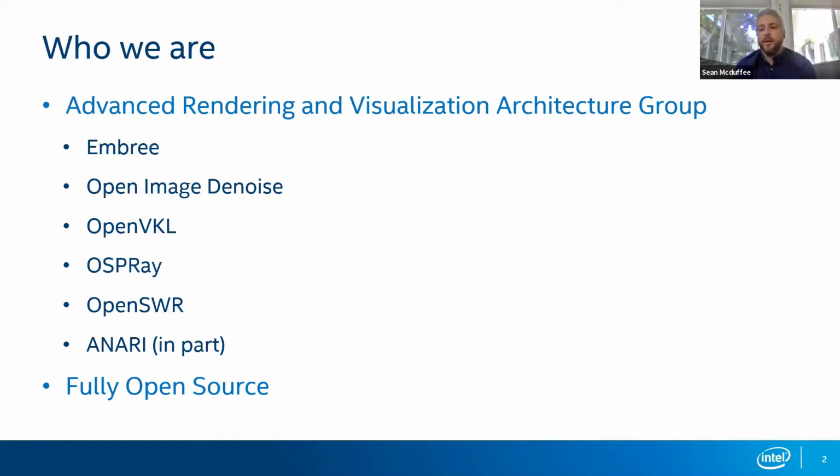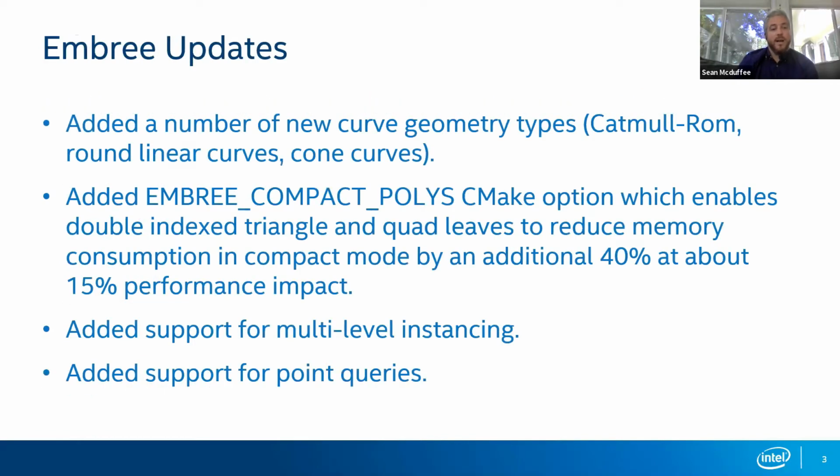Just a quick overview for Embree. Embree is essentially a bounding volume hierarchy that offers ray geometry intersections optimized for all the Intel instruction set architectures from SSE through AVX 512. Over the last year, we've added a number of new curve geometry types, such as Catmull-Rom, round linear curves, cone curves.